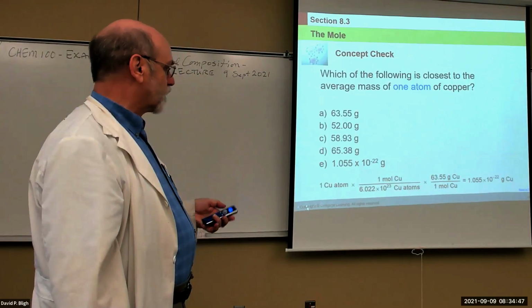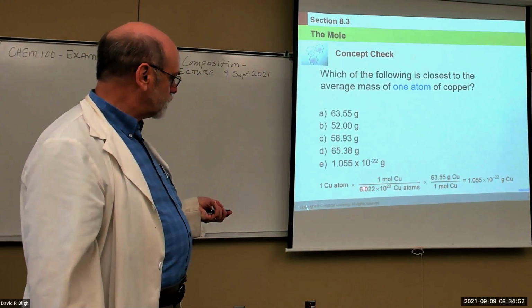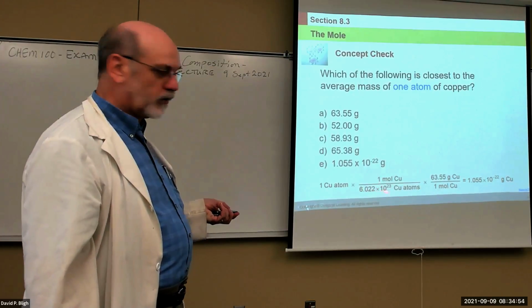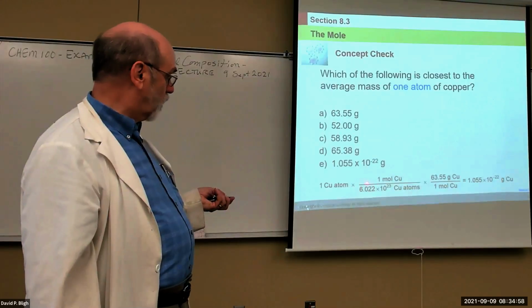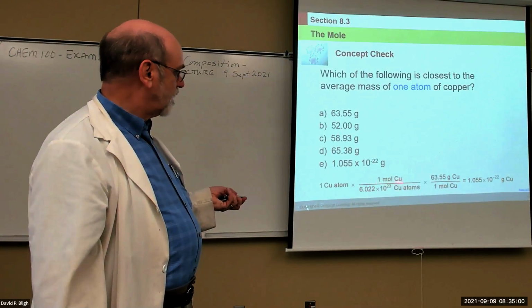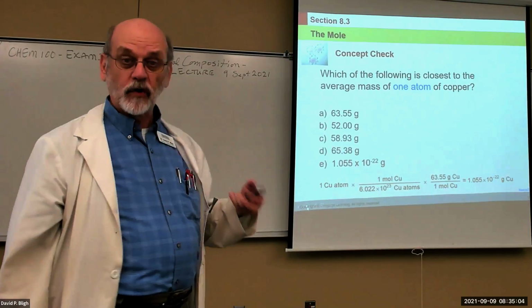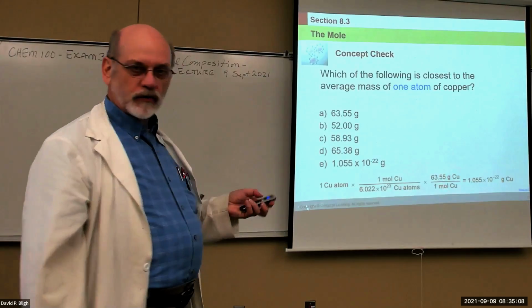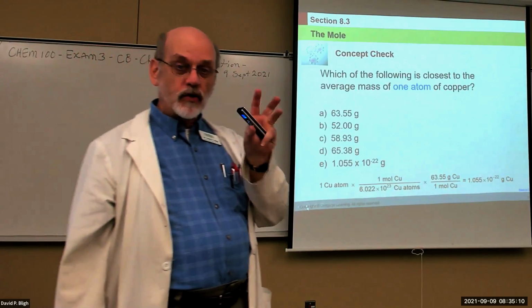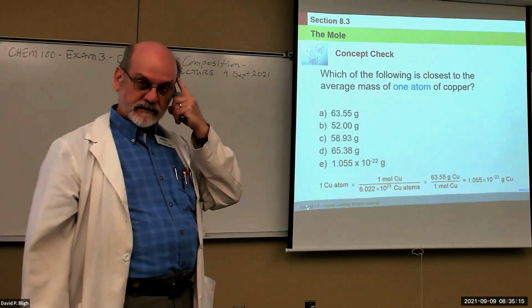Okay, but it can be calculated. One copper atom, we can relate that to how many moles that represents. It's a fraction of a mole. And then this converts moles to mass. That's the molar mass. Whenever you see grams and moles in that relationship as a quotient, think molar mass.